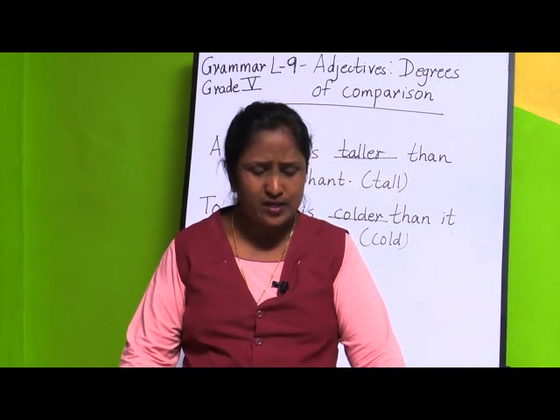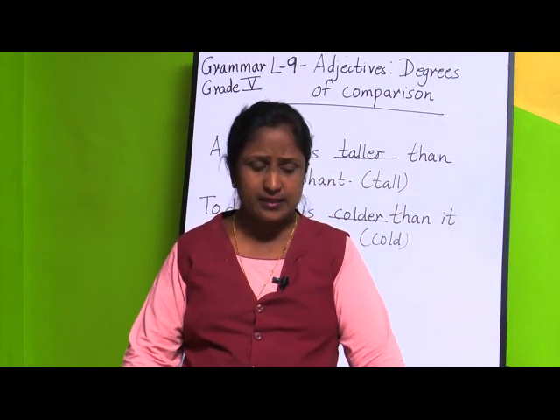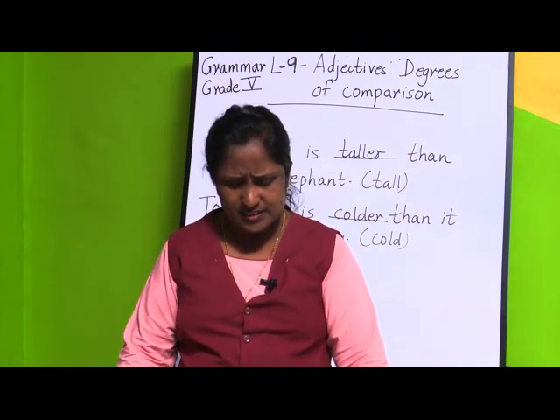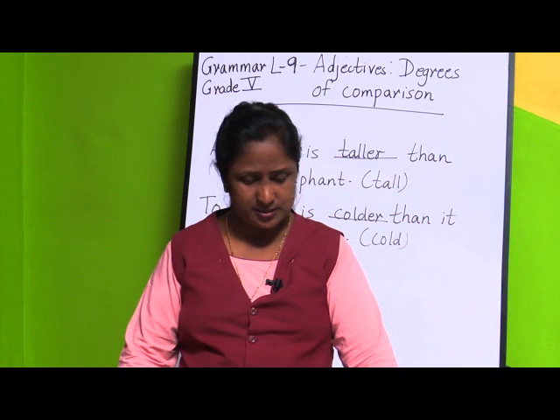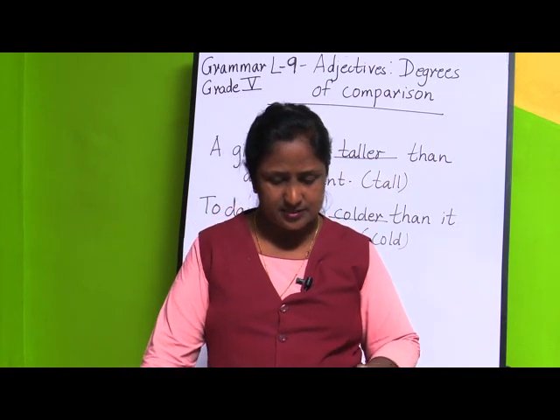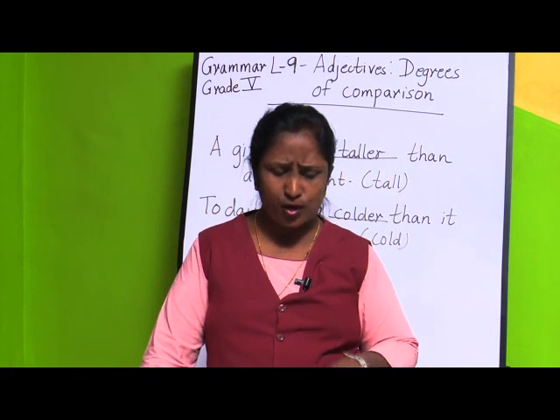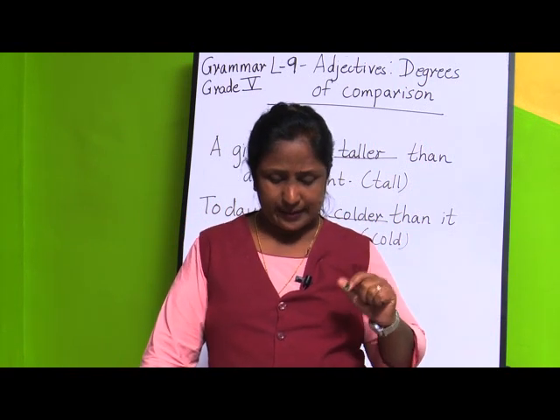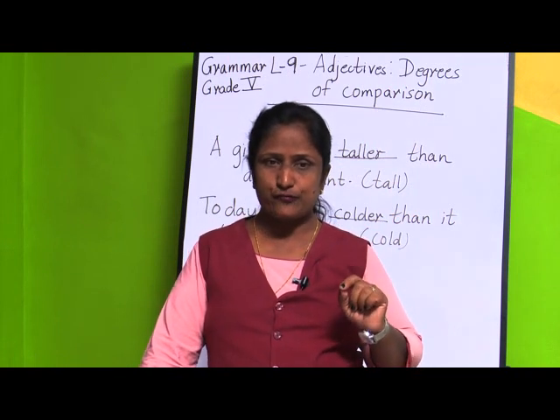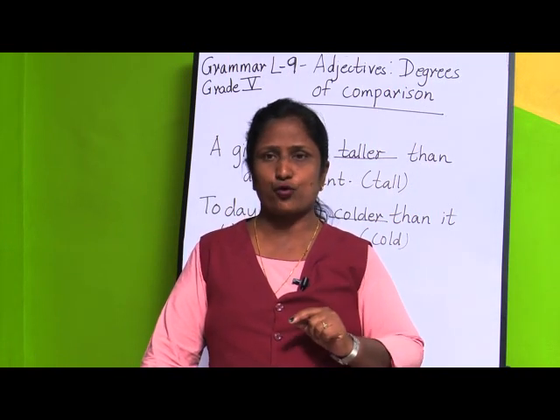So this was all about positive degree, comparative degree and superlative degree. In this way you are going to solve all the exercises. If you see the last exercise compared to all other exercises, in the brackets they have given some words. You have to see the sentence carefully and change it according to that.